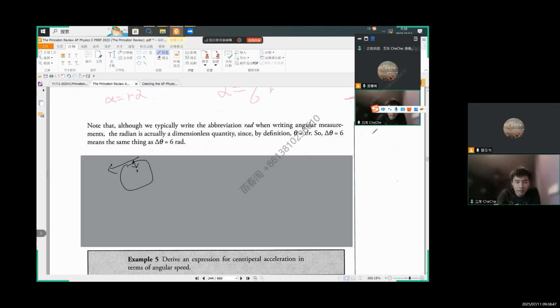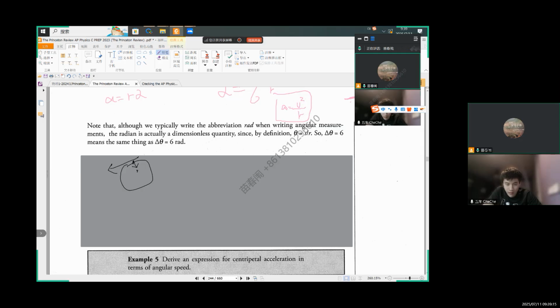Yeah, because the centripetal acceleration for us is always a equals v. We can forget about what we learned today for a second. It's always a equals v squared over r, right? That's what we always use, right? Yeah, for the centripetal. But now it seems like they don't want to use the linear velocity anymore.